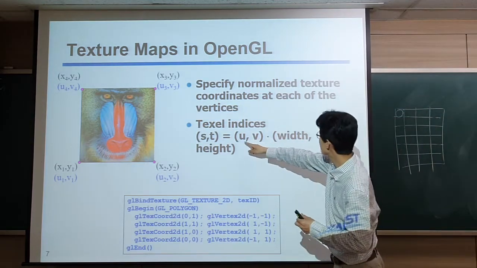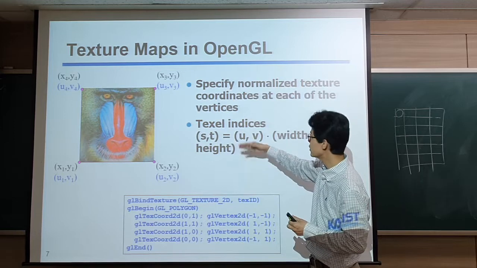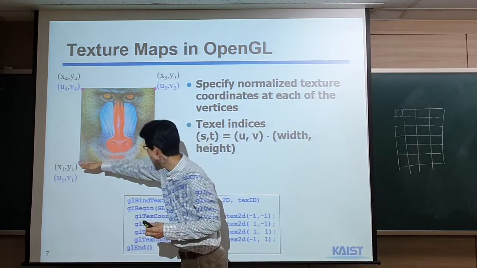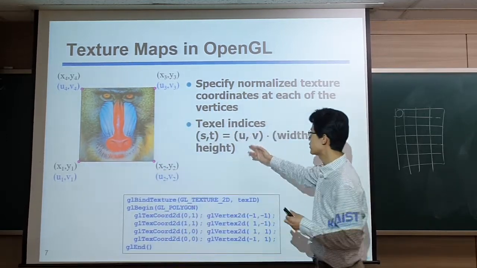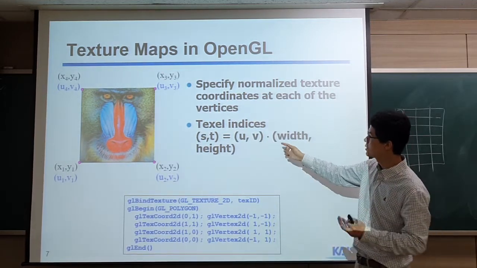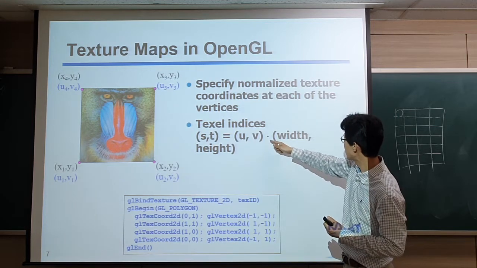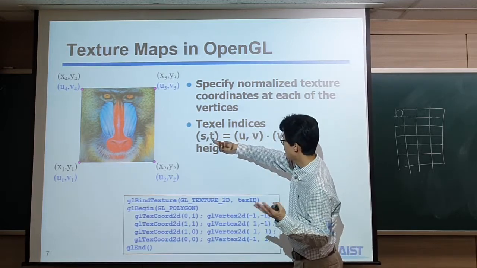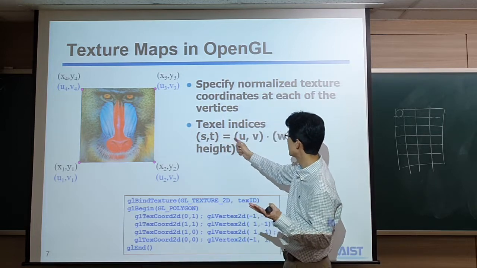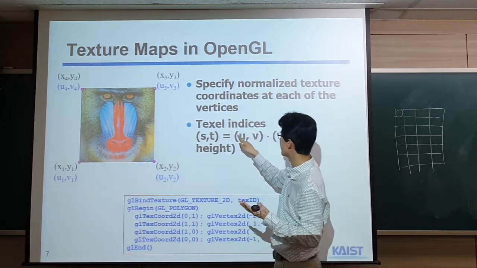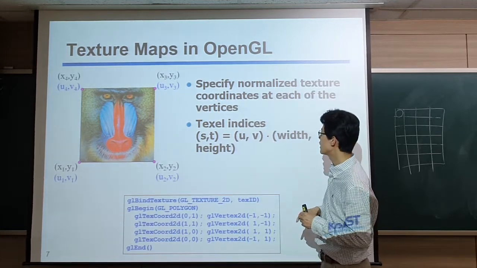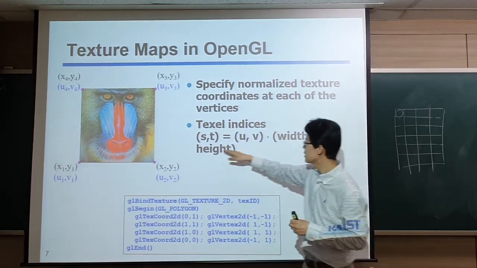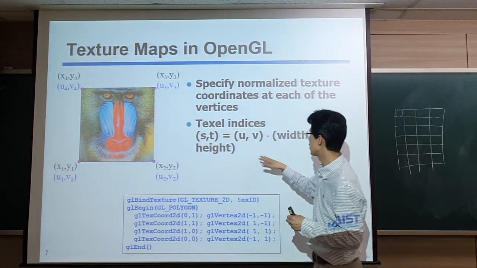For the UV, we use U and V as the texture coordinates, which map to X and Y. The S and T are the actual texture index, while U and V are the texture coordinates. To compute the texture index, we multiply the texture coordinate with the size; in the case of X, we multiply U with the width.